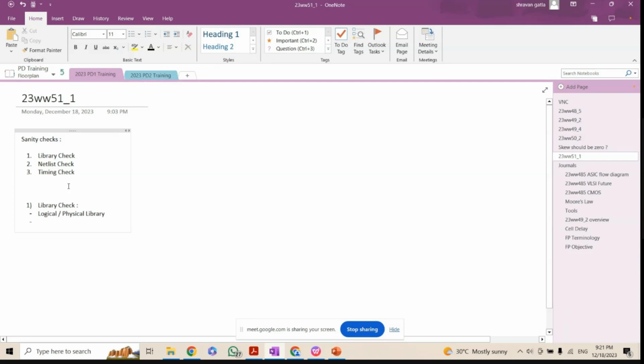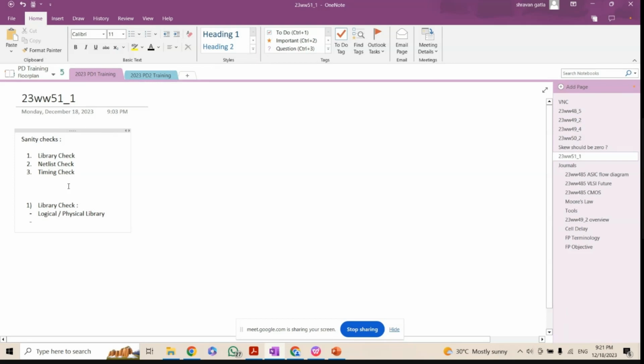So irrespective of any input, the output gets 0. This will cause functionality failures. This is very dangerous to the design. That is the reason the output should not be tied to ground.